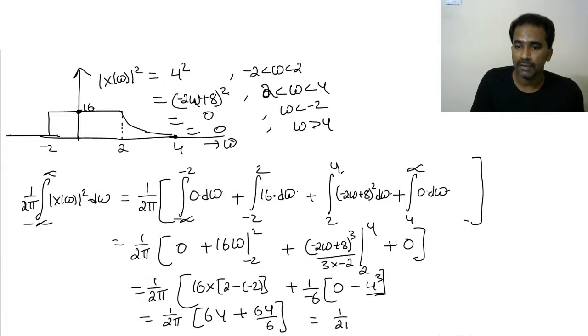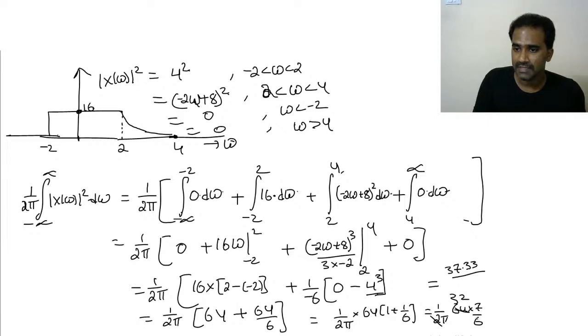Okay, it is equal to 1 by 2 pi times 64 into (1 plus 1 by 6), which should be the same as the answer that we got previously, 64 into 7 by 6. 2 ones, 2 32s, and roughly the same answer you should be getting. 32 into 7 by 6 if you calculate, it should be roughly 6 ones, 6 5s are 30, approximately a little more than 5 here.